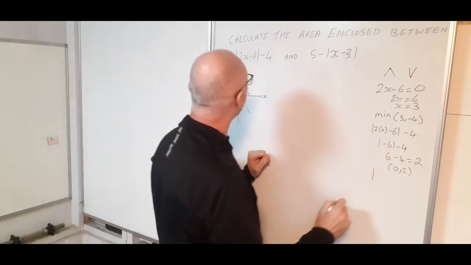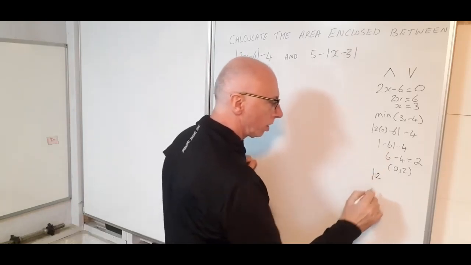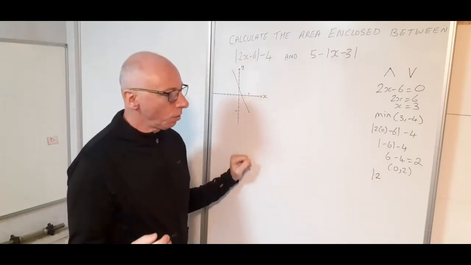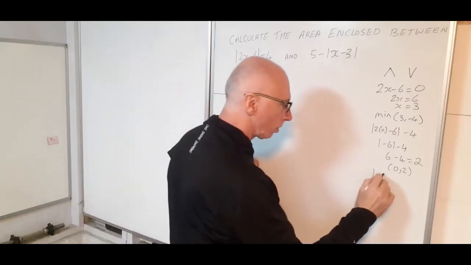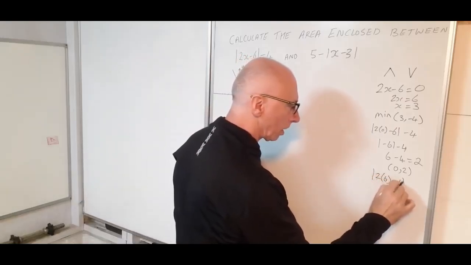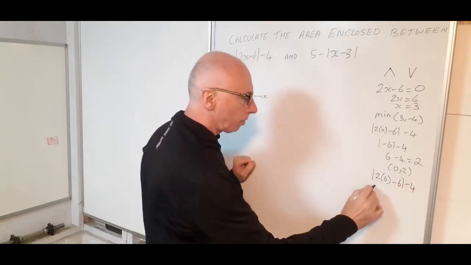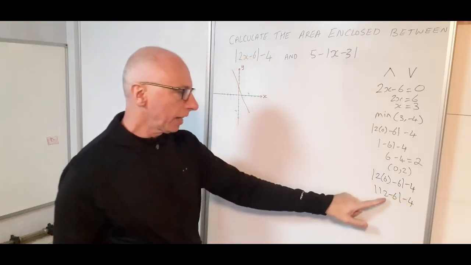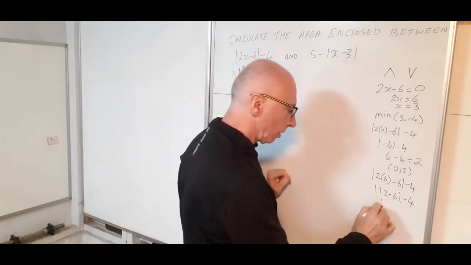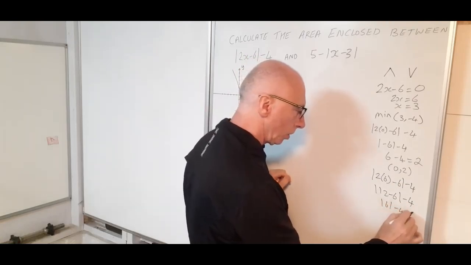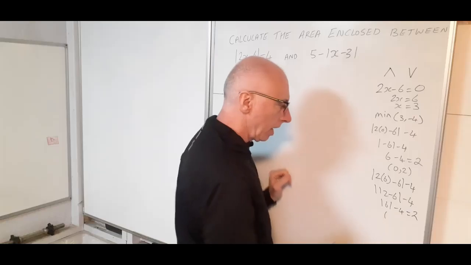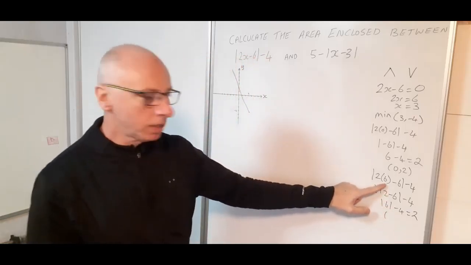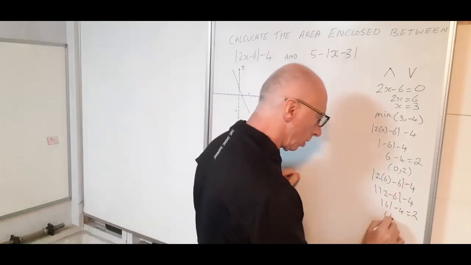So let me just show you what that is. 2 times something is 12. Well, 2 times 6 is 12. So 2 times 6 minus 6 minus 4. So again, we've got 12 minus 6 minus 4. And again, in here, we've got the absolute value of 6 minus 4, which equals 2. So again, our x value will be 6, but our y value will be 2.